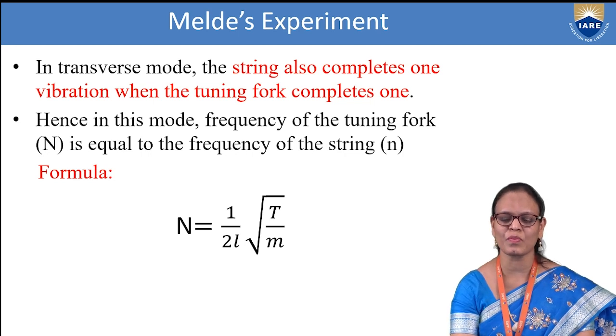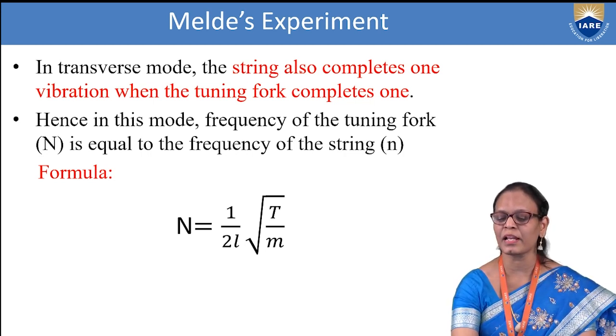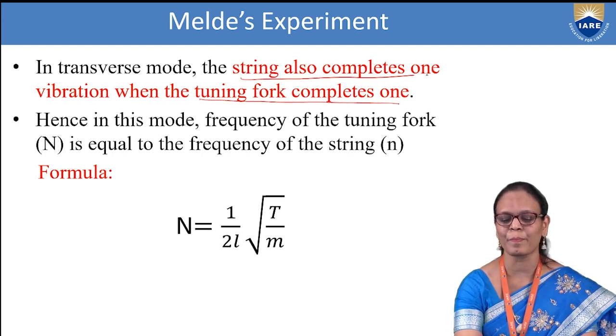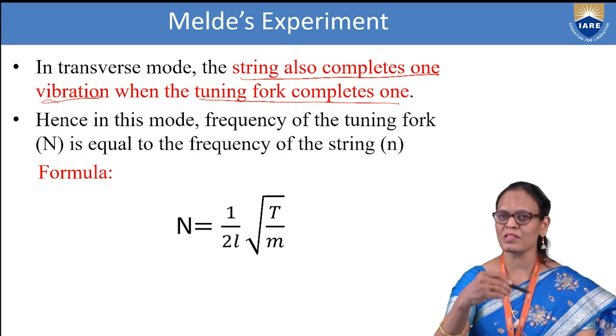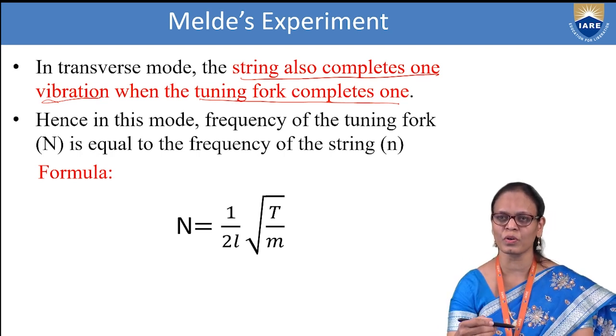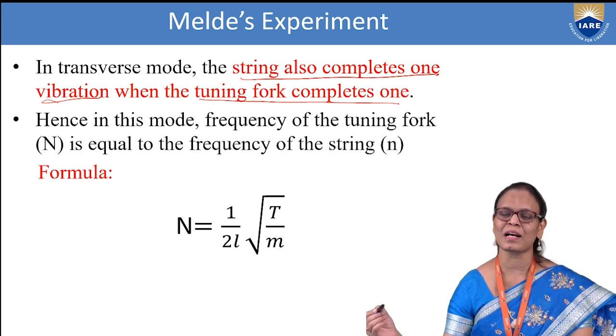Now in transverse wave, what happens? By the time the tuning fork completes one vibration, the string also completes one vibration. Because of the vibrations of the tuning fork, the waves are passing through the string.